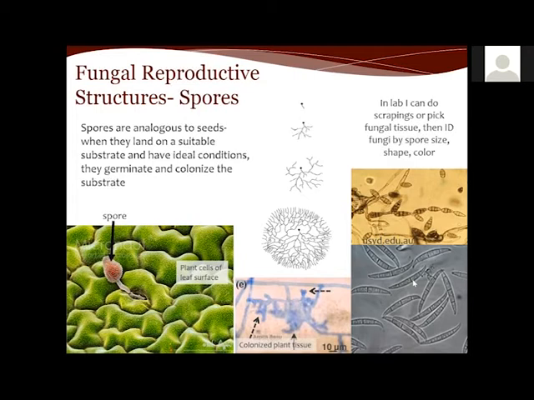And that's actually a diagnostic feature that I use to identify what we're dealing with. So what I do is I'll take a little scraping or a little pinch off of an infected piece of material, put it under the microscope and look at it. I look at the shape, the color, the size, and everything, and I use reference materials and figure out what exactly we're dealing with. So it's a diagnostic feature.